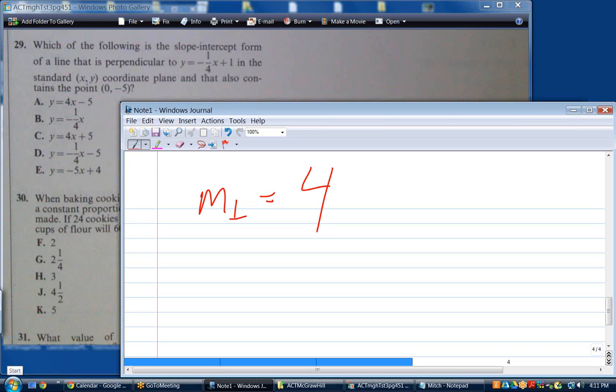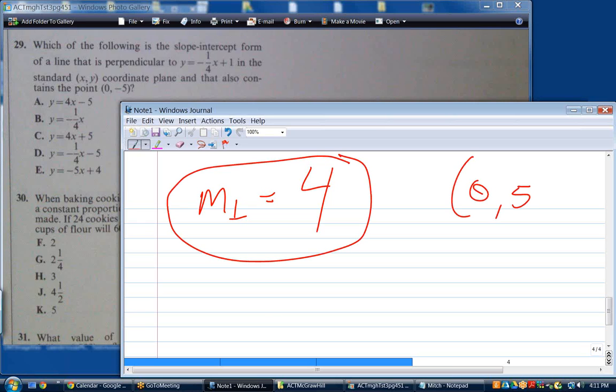Okay, now we have a slope and a point. How can we get the equation of that line? What's the point-slope format? I don't remember.